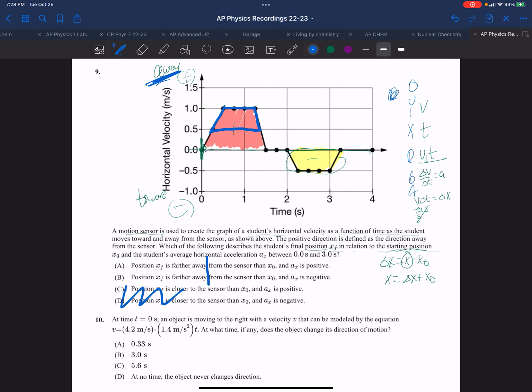It is not closer than x0, and delta x is positive. The average horizontal acceleration between 0 and 3.